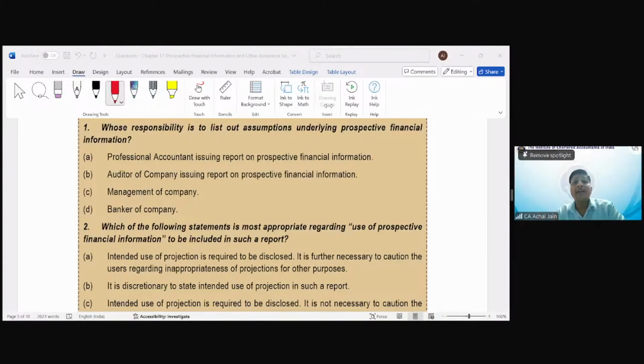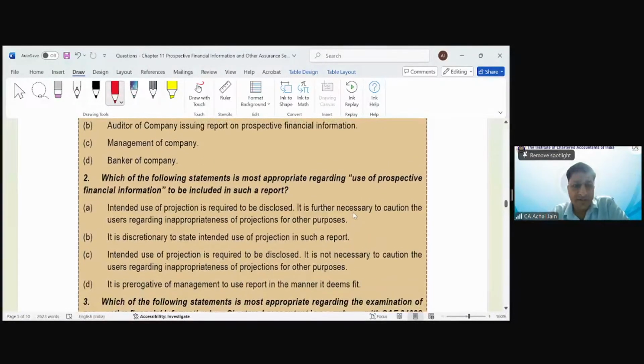No, so it's not about the report. It's about whose responsibility it is to list out the assumptions. It will be the management, because the management will list out the assumptions. The auditor, the practitioner, has to give the report, not to list out the assumptions. Okay, clear? Yes, sir. All right, next.